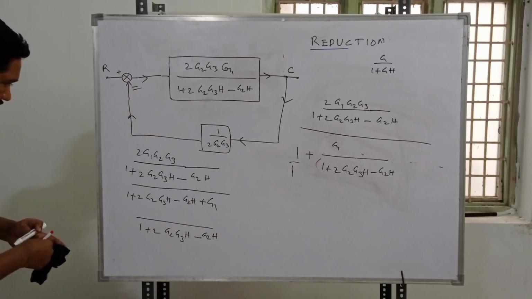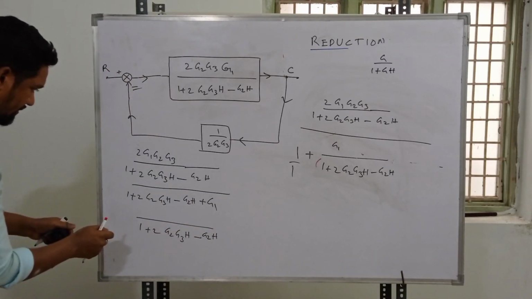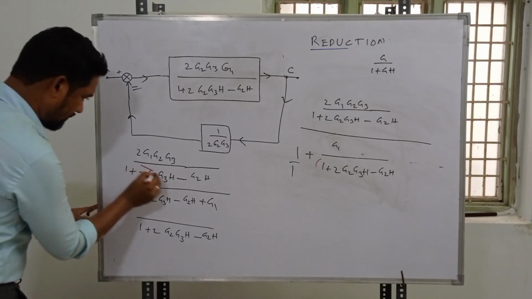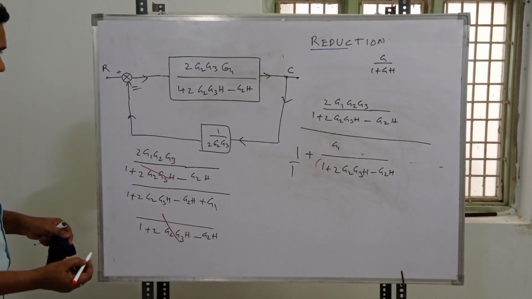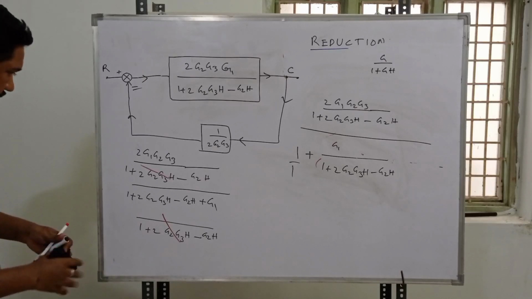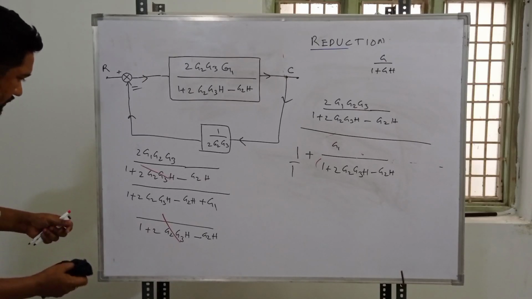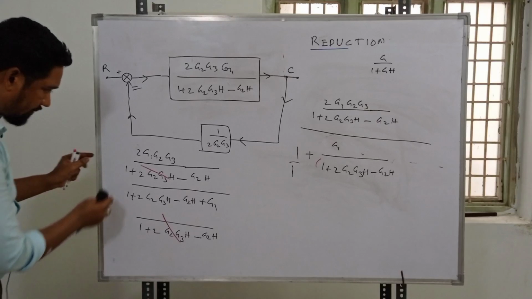So guys, something is common over here, something gets cancelled. This denominator and this denominator are equal, if I'm not wrong. So this is the reduction. Take it, and I'm erasing it away.